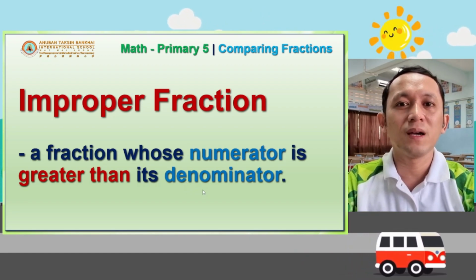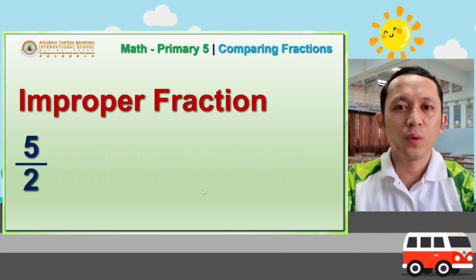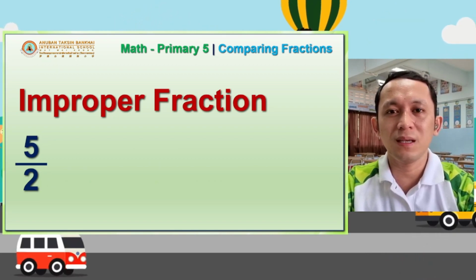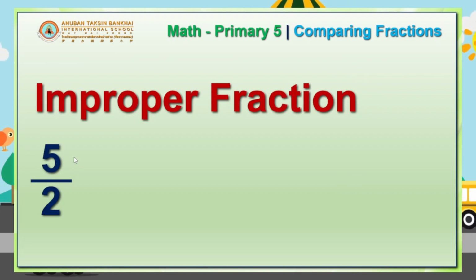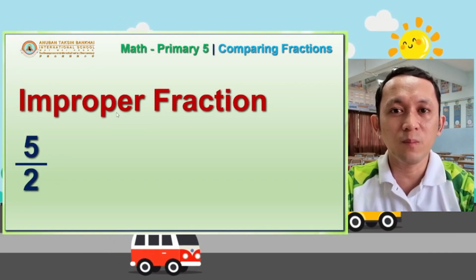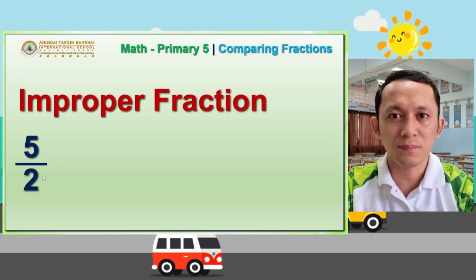Now let's have an example here. We have 5 over 2. You could see that our numerator is 5, our denominator is 2. So 5 is greater than 2, and we can say that this is an improper fraction.